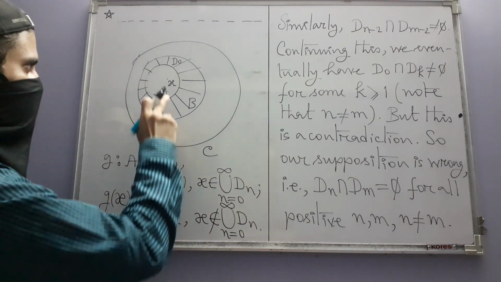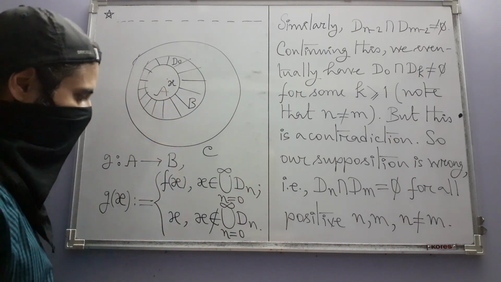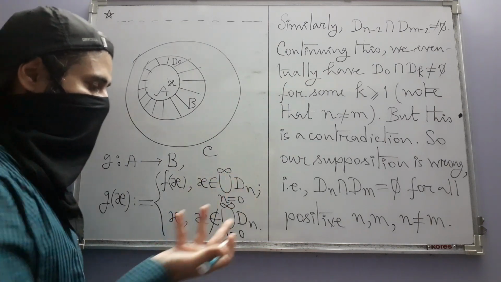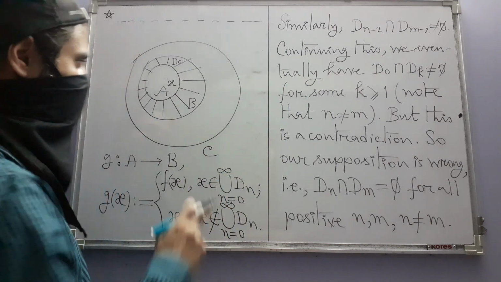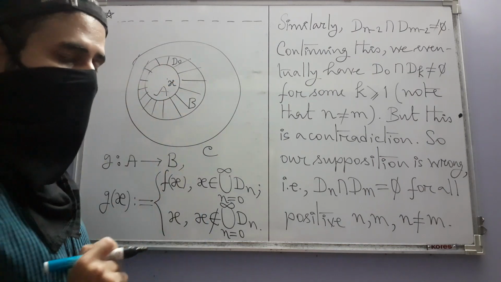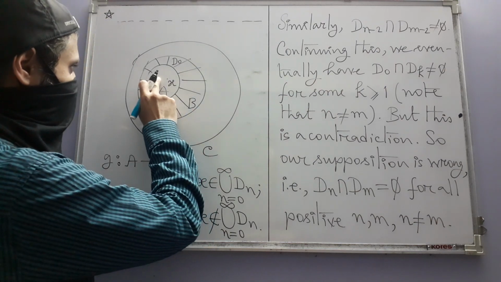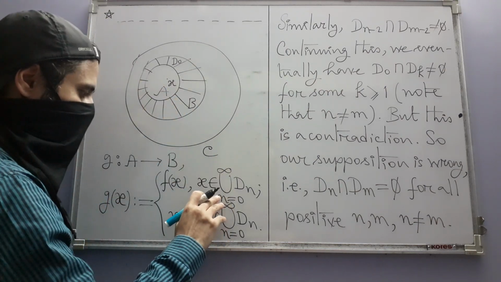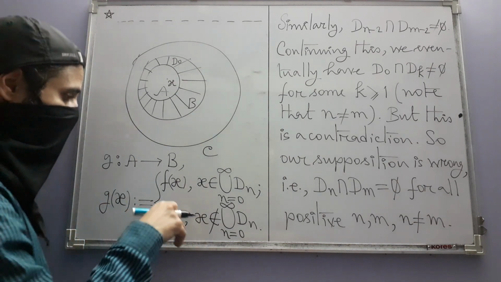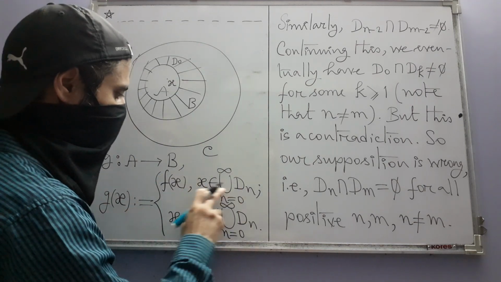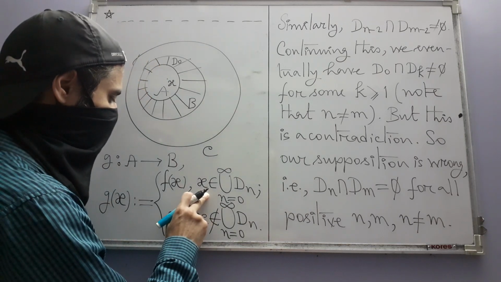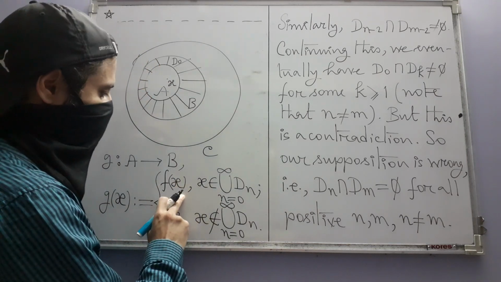That is always the case because we are choosing x from A. But it may belong to some other Di. That possibility is there because the other Di's are all subsets of A. We have already seen that. So the conditions stay like this. There is no problem with the conditions. Now, if x belongs to some other Di, where i is a positive integer, then the image is f of x.